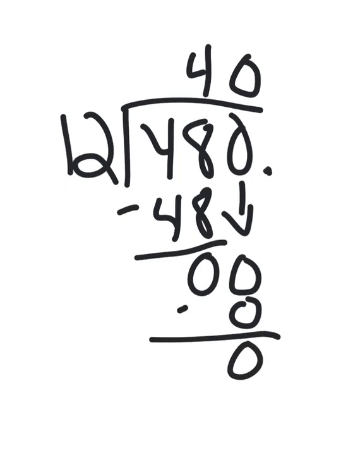We are finished. So 480 divided by 12 is 40, just in the same way that 4.8 divided by 0.12 is 40. All right, those are how you solve decimals dividing into decimals.